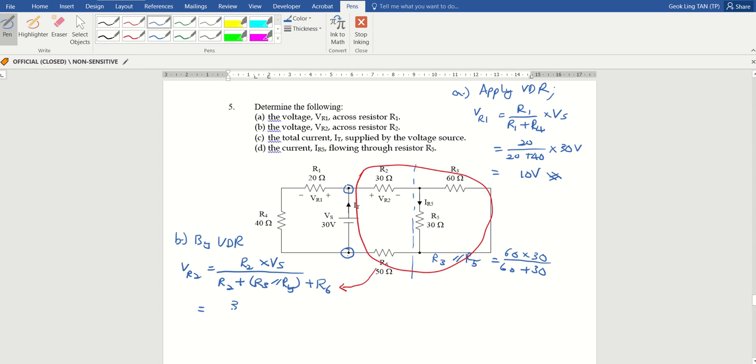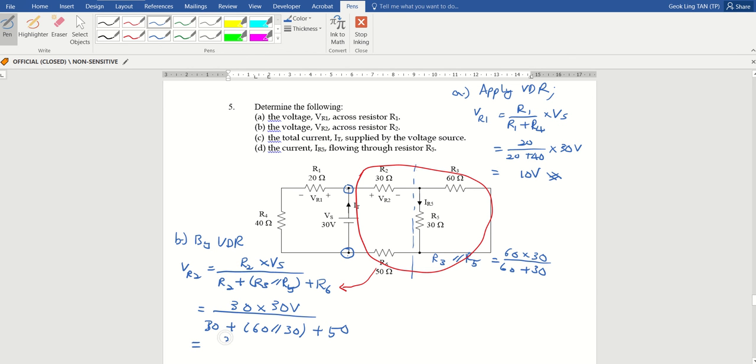So with that, then you substitute the value. R2 is 30 ohm, multiply by 30 volt, divide by R2, which is 30 ohm, plus, so you have 60 in parallel with 30, plus 50 ohm. Okay, so you do your calculation.